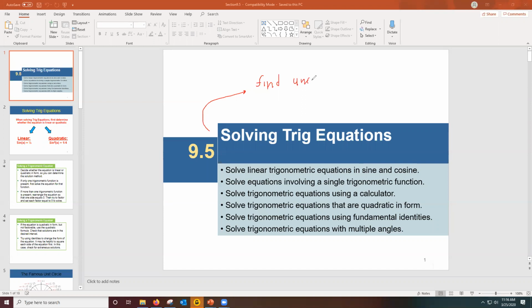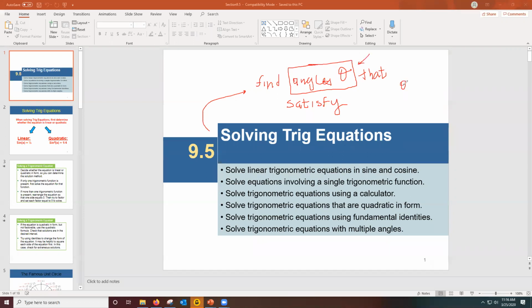So we want to find angles that satisfy a certain equation. What that really means is if I take my answer, theta, and plug it back into some starting equation, I end up with a true equation. So our answers in this section are going to be angles.